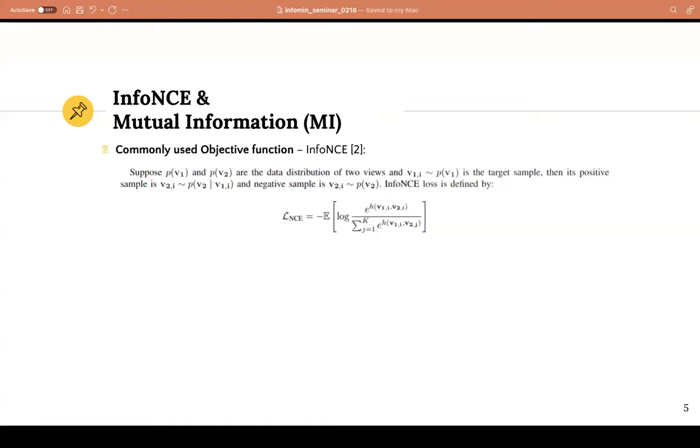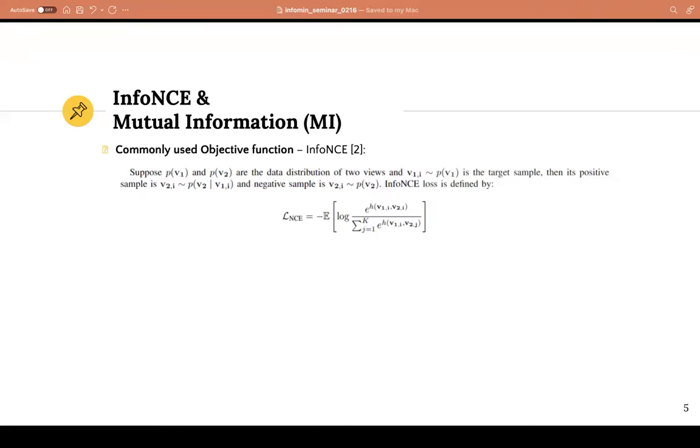Suppose we have P_V1 and P_V2 as the two data distributions of two views, and V1_i is sampled from P_V1, a target sample, and its positive sample we define as V2_i, which is sampled from P_V2 given V1_i.